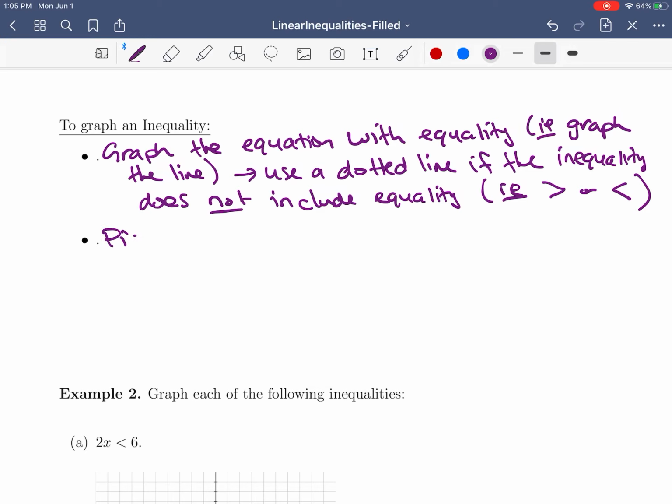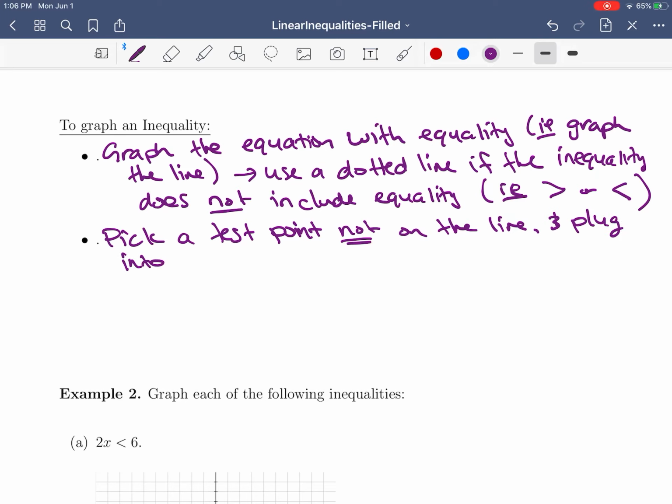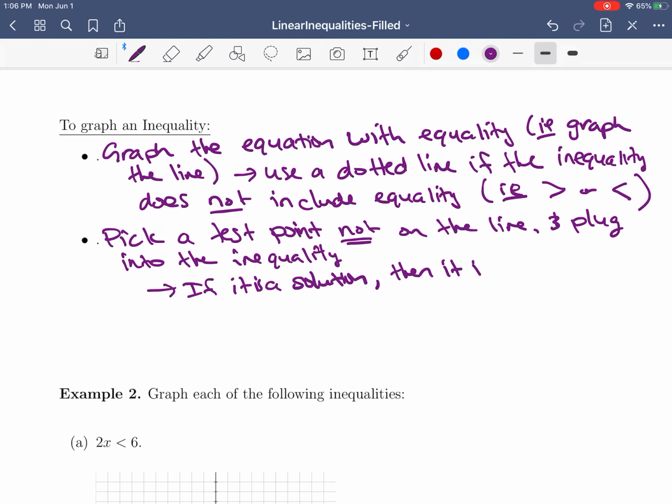And then what we're going to do is pick a test point that is not on the line. So you want to be careful that you don't accidentally pick something that's on the line. Okay, so you pick a test point that's not on the line and plug it in the inequality. Okay, if it is a solution, then it's on the solution side.